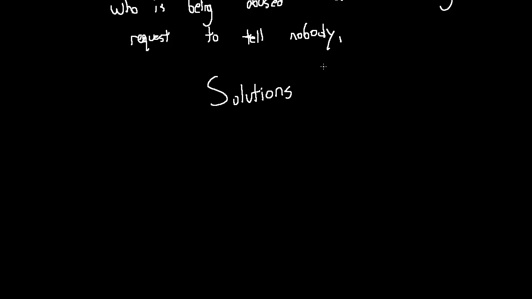And we can automatically identify that we're going to have two extremes, which we should just get out of the way right away. Two extremes: tell nobody, so you respect the patient's wishes and tell nobody.